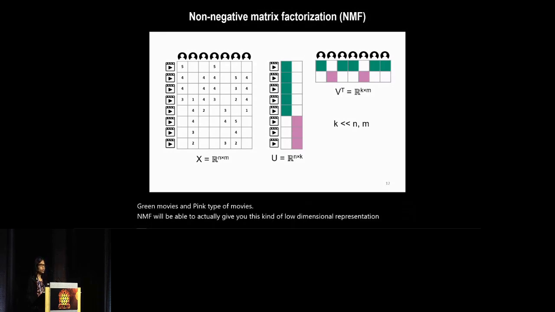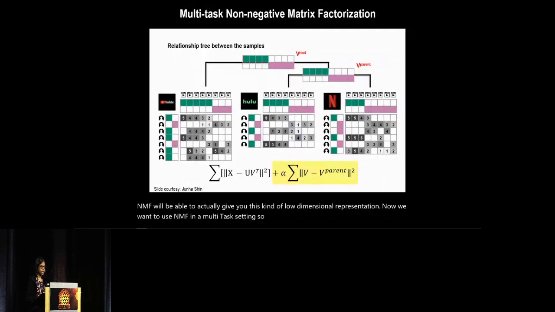Now, we want to use NMF in a multitask setting. So what might that look like? Taking that example a little bit further, let's say that not only do you have Netflix, but you also have Hulu and you have YouTube. Hulu and Netflix are both video streaming platforms that give you similar kind of content. But you also have YouTube where you might watch some things, but it is not exactly the same because you also have educational videos, which could be there on Netflix, but I haven't seen it.